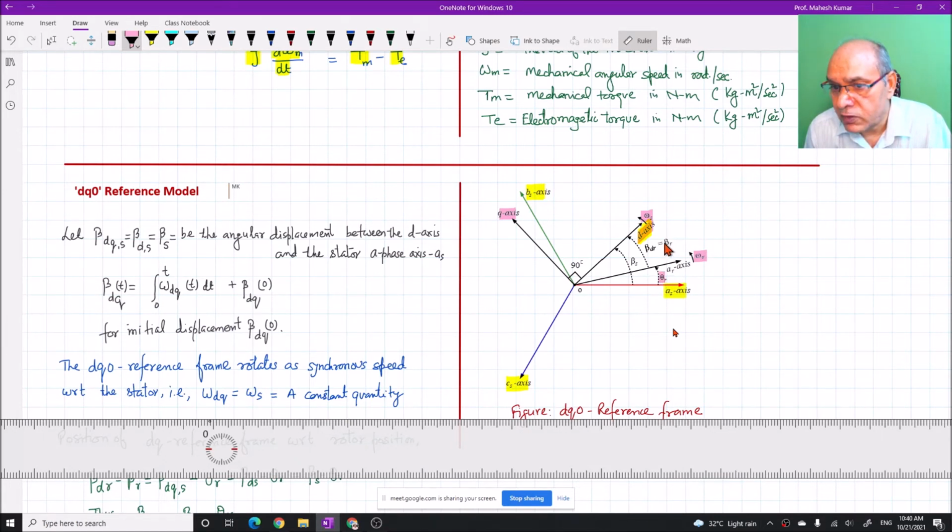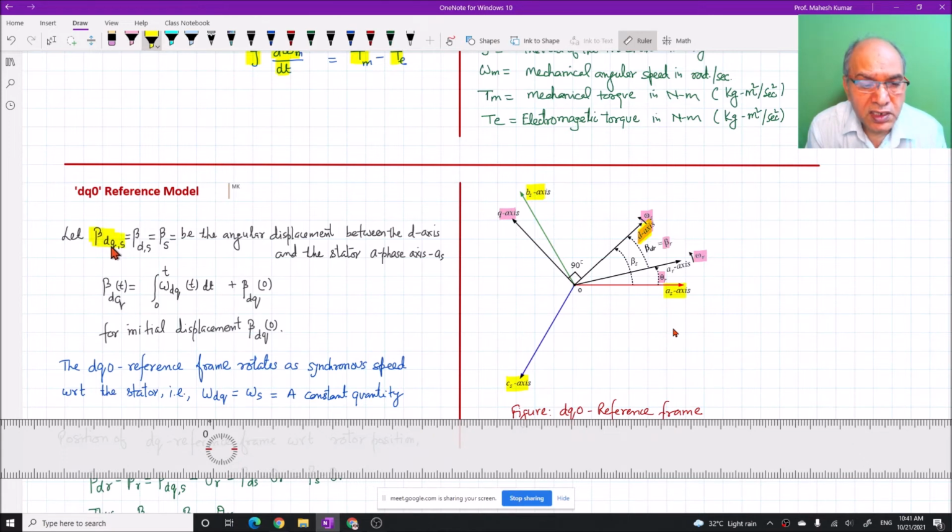Beta R is the angle between the rotor and the D axis, this one, and beta S is the angle between the stator and the D axis. This is beta S, this is beta R. We can also denote beta R as beta dr or simply beta dq. That is our choice. So here we can write beta dqs.